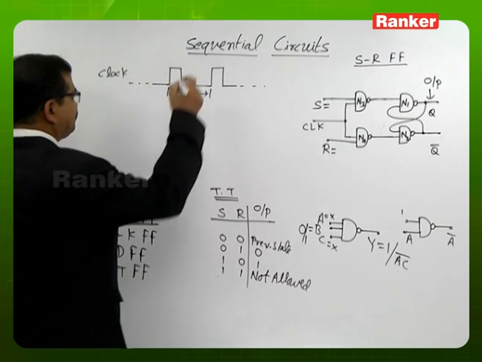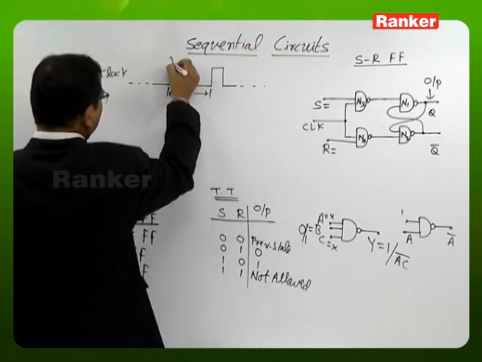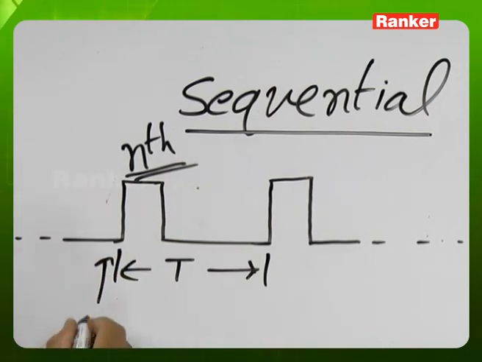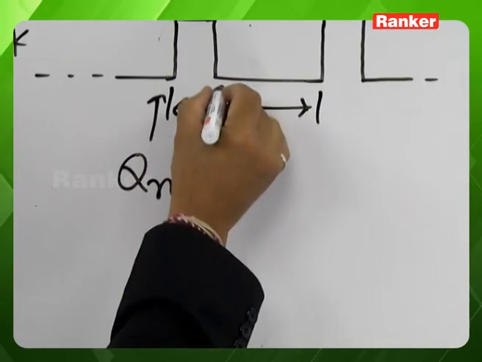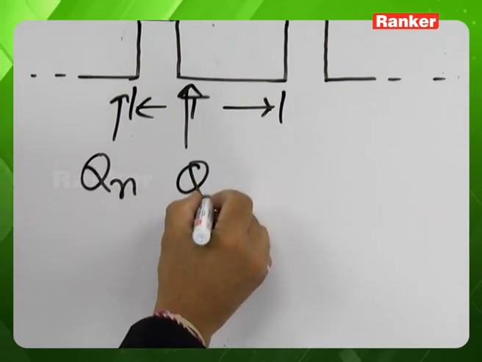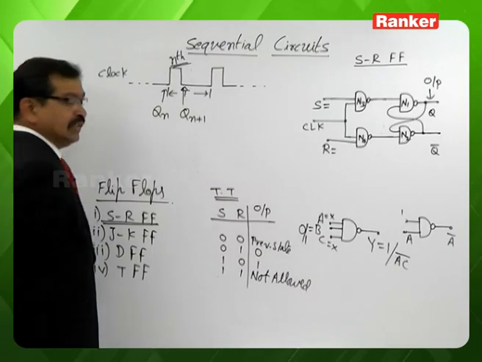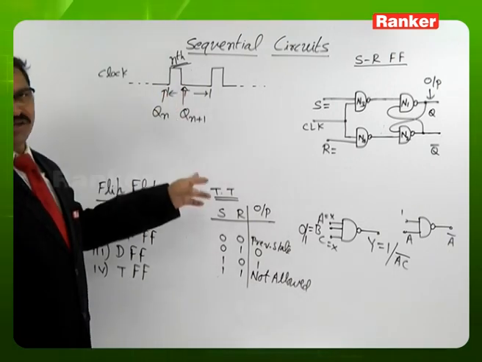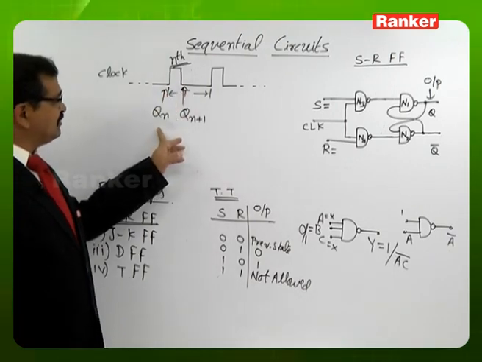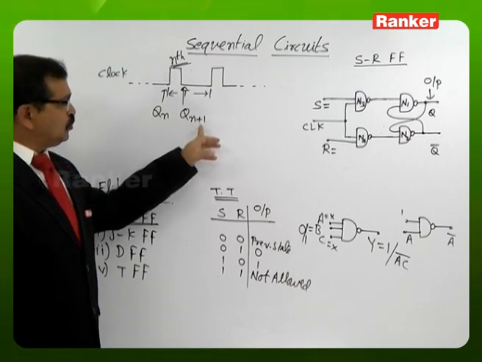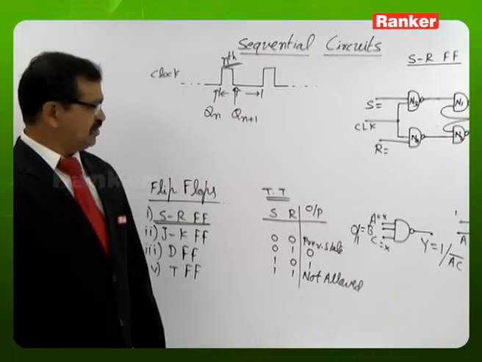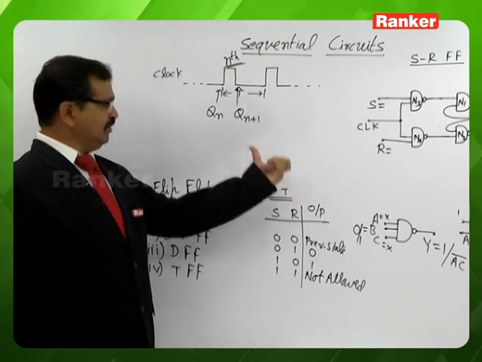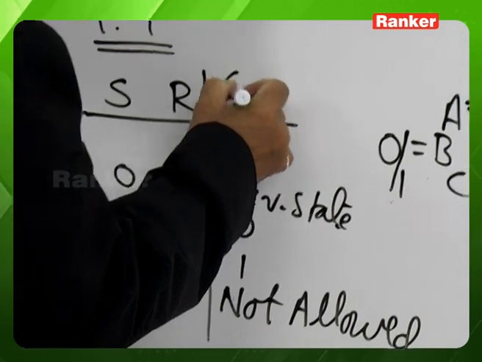Suppose it is the nth clock pulse. Before applying this nth clock pulse, the circuit output we name Qn, so that after passing of this clock signal, the flip-flop output we name Qn plus 1. So Qn is the previous state and Qn plus 1 is the next state. Using this terminology, let us read the truth table of this flip-flop.